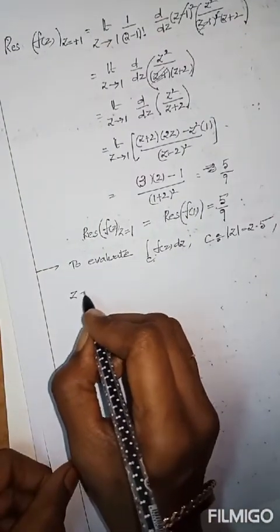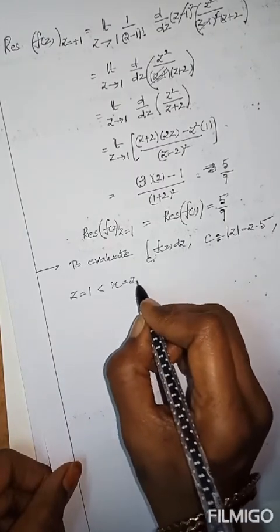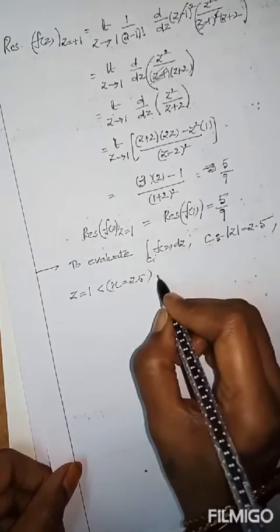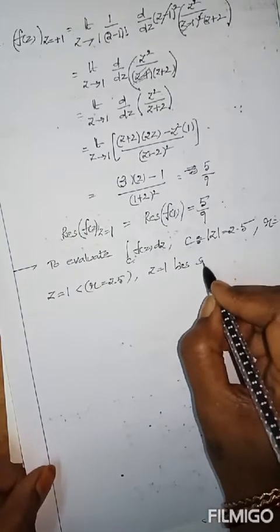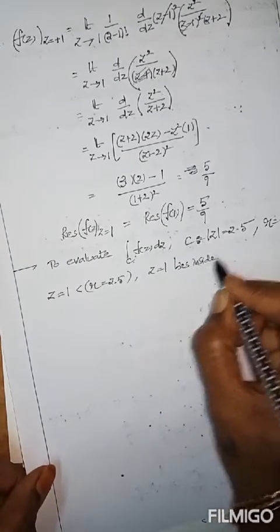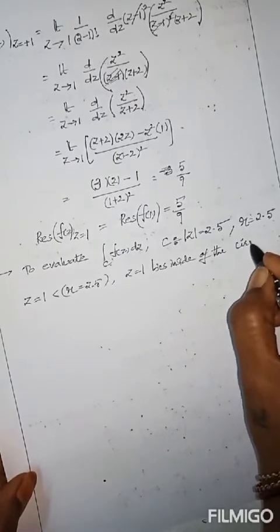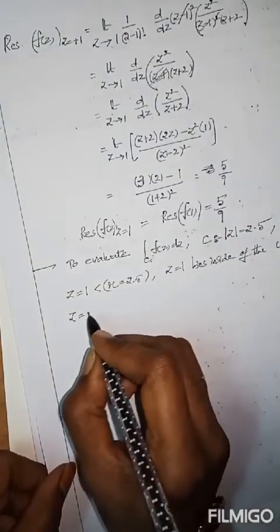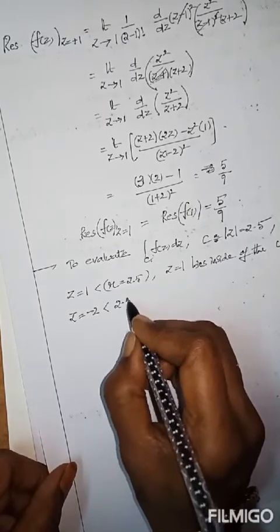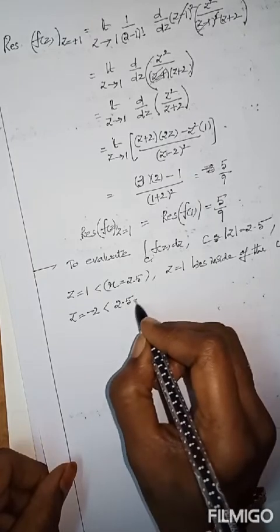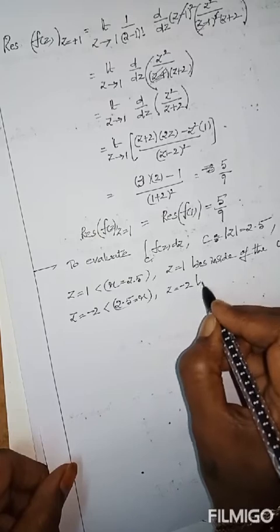Now the point z equal to 1 is less than the radius, so that z equal to 1 lies inside of the circle. Second point, z equal to minus 2, which is also less than the 2.5 radius, so that this also lies inside of the circle.